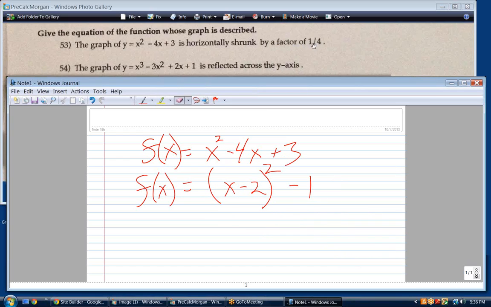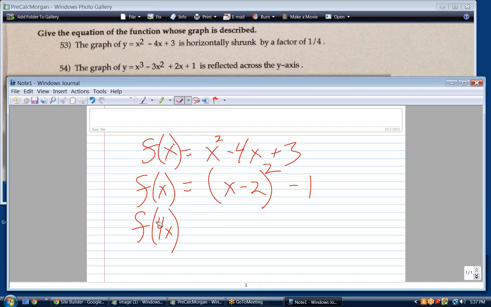So if this is what we're looking at and we want to do a horizontal shrink by a factor of 4, then I need to look at f of 4x. Well, I don't really want to look at f of 4x.